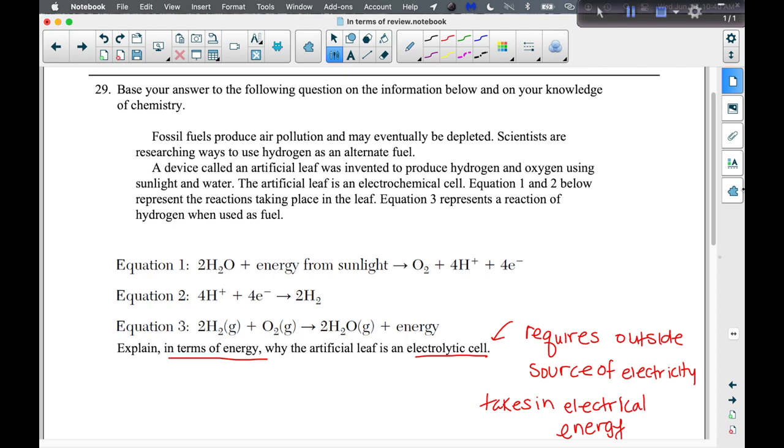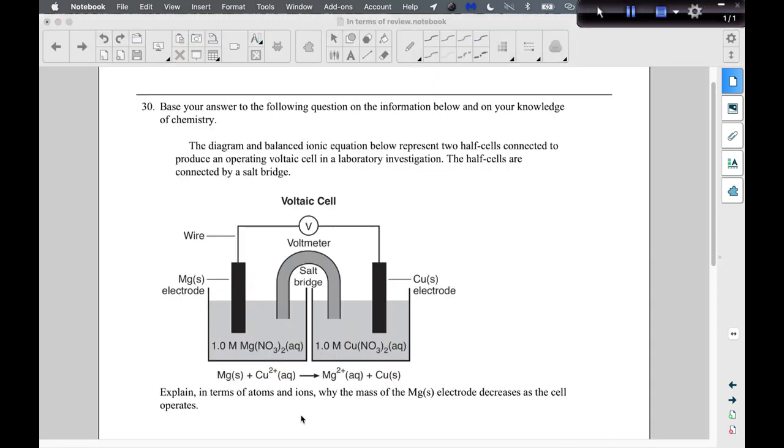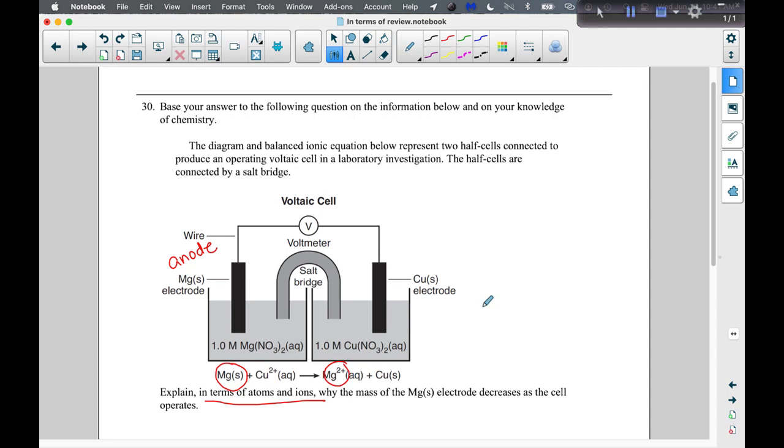For this question, in terms of atoms and ions, why the electrode decreases, magnesium is my anode. And the anode here, notice it goes from Mg solid to Mg plus 2. So in this case, the Mg atoms lose electrons and become Mg plus 2 ions.